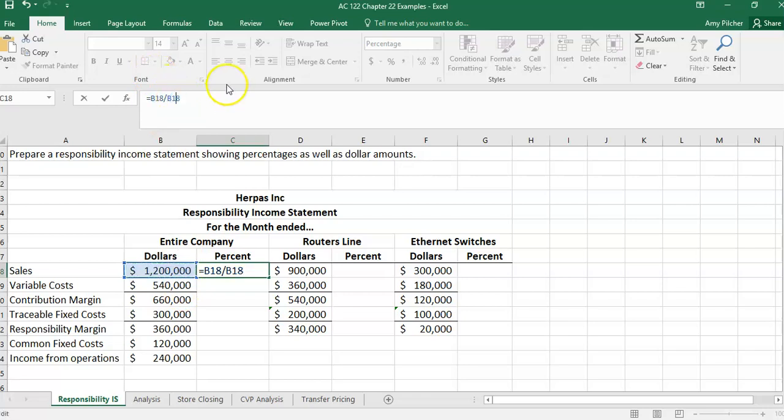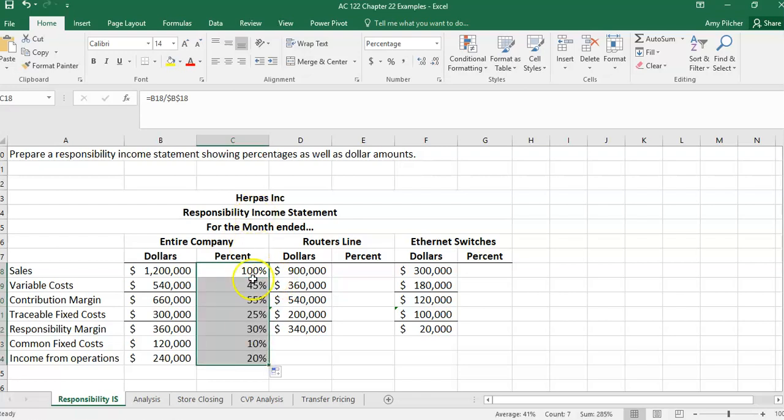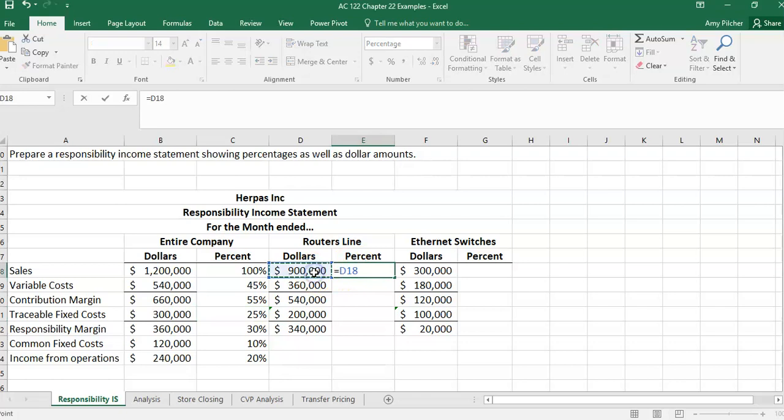We want to lock our denominator cell so that we can copy our formula in Excel. We want every single line to be divided by sales. So then we can just copy our formulas all the way down. So here we have variable cost divided by sales, contribution margin divided by sales, traceable cost divided by sales, and so forth. Do that for each.